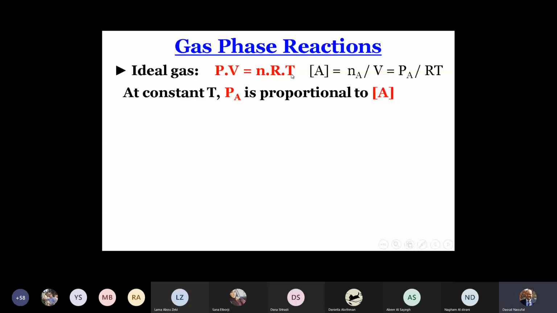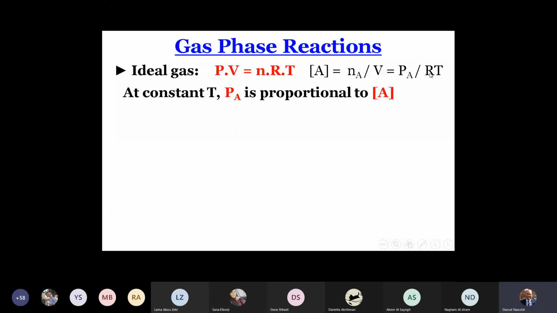So P divided by RT equals n over V, and n over V is the concentration. So for gas we can write PV equals nRT, or the concentration of the gas is equal to the partial pressure of the gas divided by RT. If the temperature is constant, the concentration is directly related to the pressure.